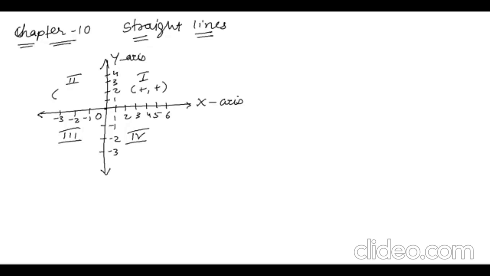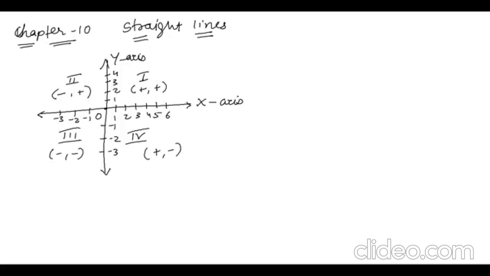Whereas if your x coordinate is negative and your y coordinate is positive, then it will lie in the second quadrant. If both of them are negative, then it will lie in the third quadrant. Whereas if x is positive and y is negative, then it will lie in the fourth quadrant. So this is how we plot our point.